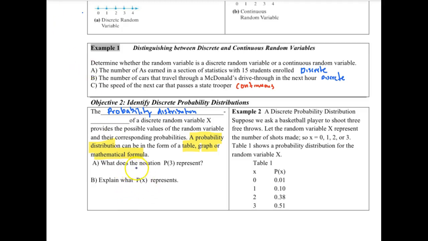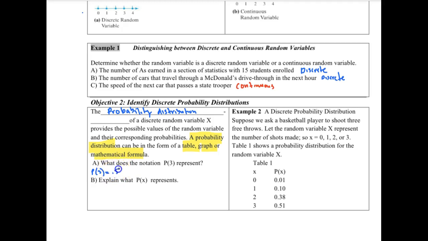Here's a situation where a basketball player is shooting 3 free throws. In the distribution, the probability that they're going to make 0 is 1%, to make 1 free throw out of the 3 is 10%, 2 out of the 3 is 38%, and 3 out of 3 is 51%. And so what does P(3) mean?